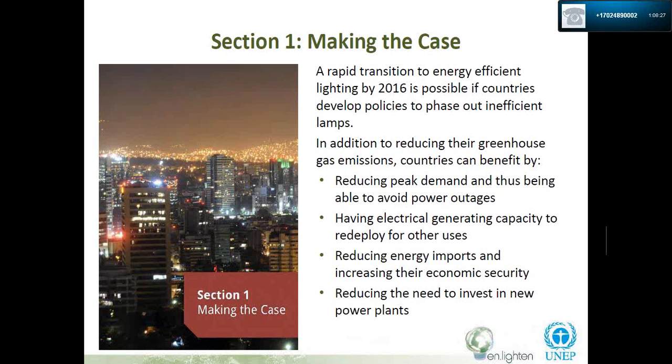If you can reduce your load overall and reduce your consumption, it's possible to reduce energy imports and therefore increase economic security. And finally, if enough reductions are made in consumption so that you decrease the anticipated load in the future, you may be able to reduce the need to invest in new power plants. And this is, of course, a massive investment whenever you build a new power plant. Many countries would like to have the time to plan for renewable energy power plants, and this is a way, through efficient lighting, that we can achieve some of these additional benefits. Next slide.